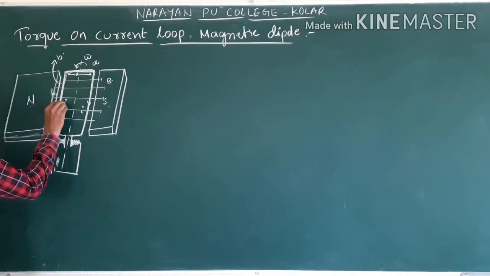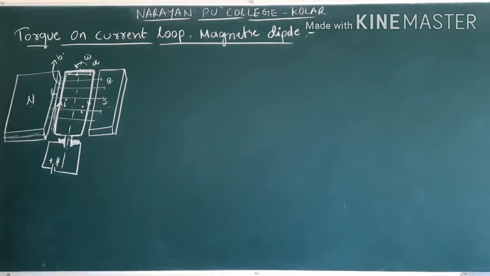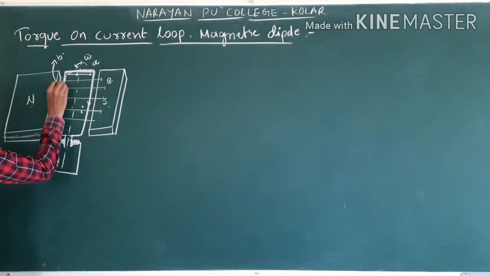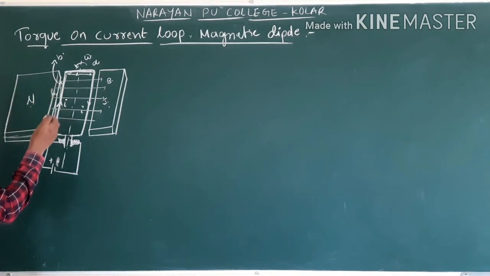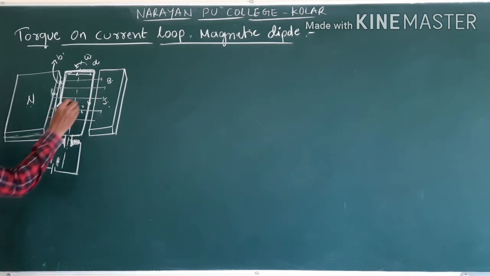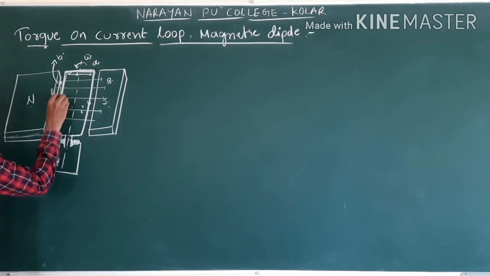So this current carrying conductor in a magnetic field experiences a force, in this direction, upwards. Already I told you how to decide the direction: use F equals I L cross B, which depends on the current direction. This is going in this direction.